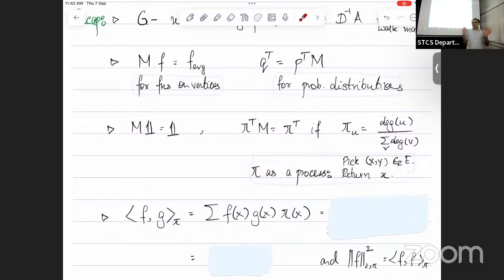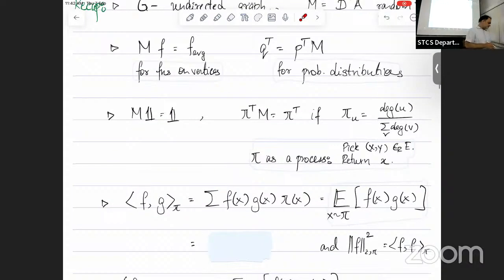These are the three properties you want inner products to satisfy, and all of this is true here as well. This also has a very nice interpretation: you're looking at the correlation of the functions f and g across edges. You pick an edge at random and ask what is the expected value of f of x times g of y, where xy is the edge. As a matrix or vector equation, this is basically just saying that you're writing it as the inner product.